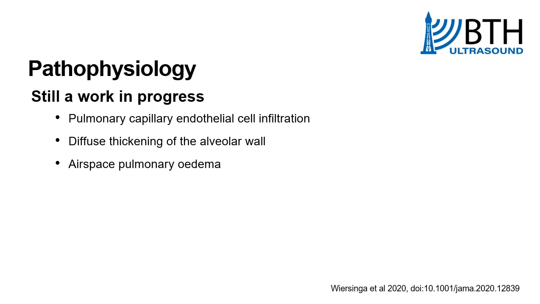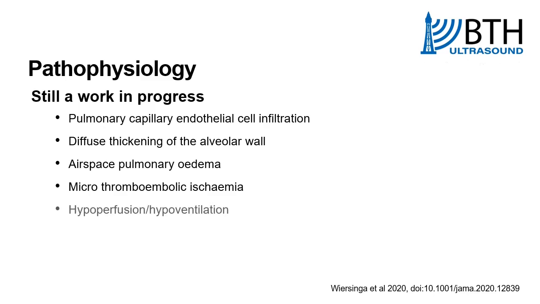So the edema starts to infiltrate into the alveolar air sacs. And then there's this additional process of microthrombi forming in the capillaries. So you have an ischemic process happening as well. All of these lead to hypoperfusion and hypoventilation at different points in the lung. And as you would expect, a huge amount of VQ mismatching throughout the lung.